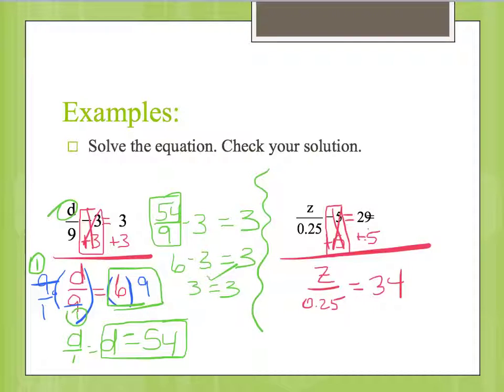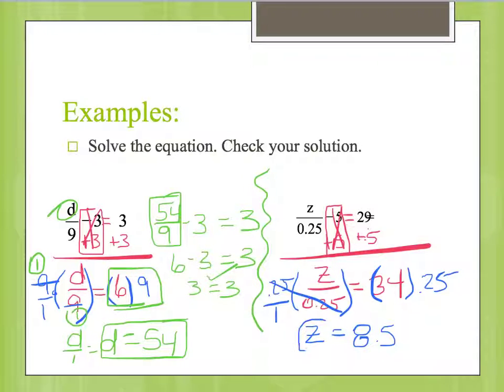So next I'm going to multiply both sides by 0.25. And when I do that, the 0.25s will cancel out, so I'm left with, over on the left-hand side, z. And 34 times 0.25 is going to equal 8.5.